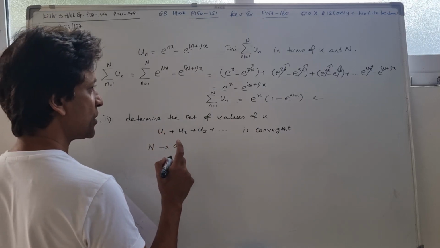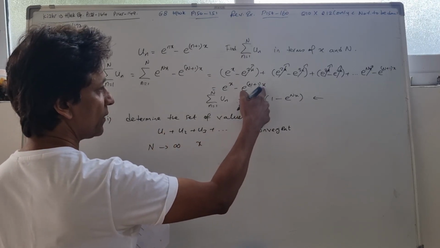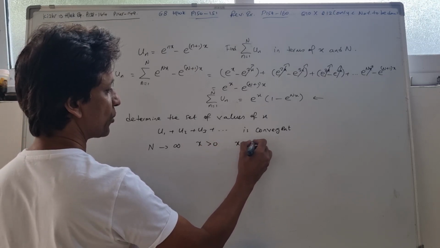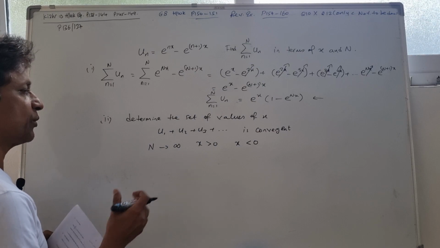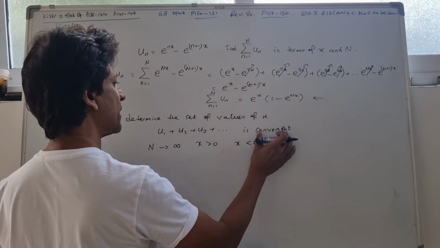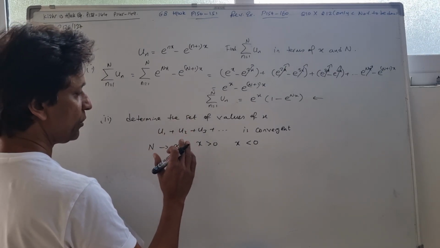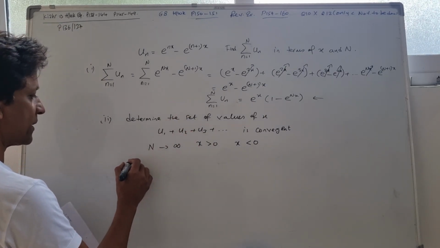Now, as n approaches infinity, we have x here, and we can have x being greater than 0, or x being less than 0, but one of them should be taken into consideration for this series to be convergent. So I'm going to try and write down the limits.